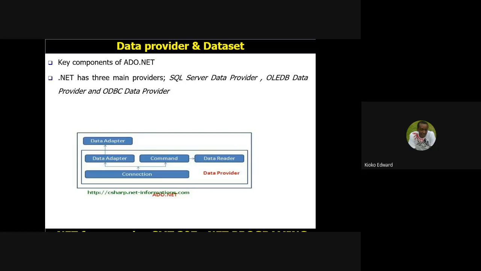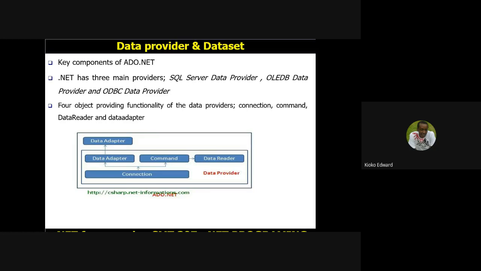If you are using open database connectivity, then we shall be having a provider we call the ODBC data provider. But for this tutorial, for this class, we shall be using the native support, the SQL Server data provider.